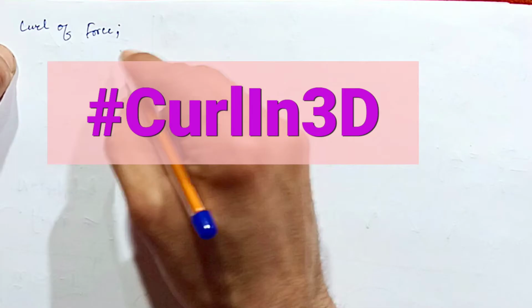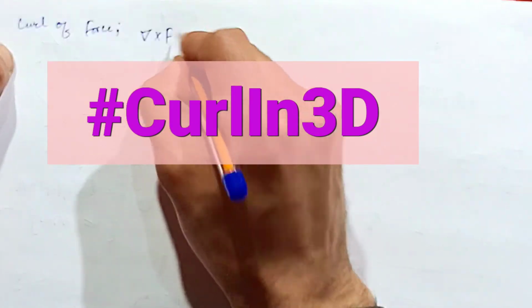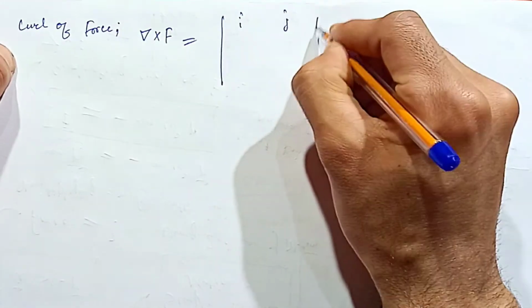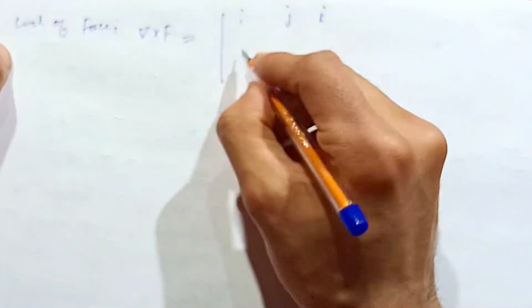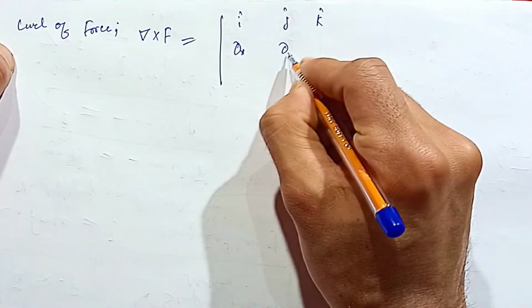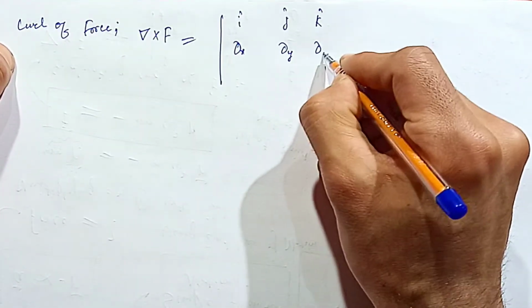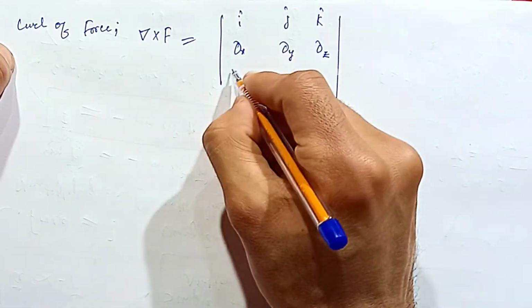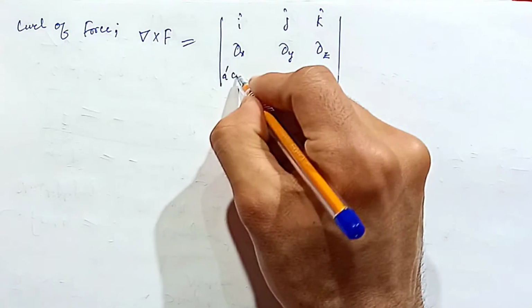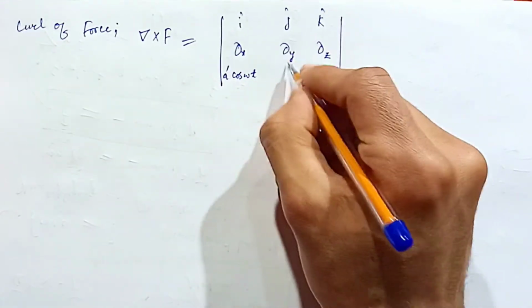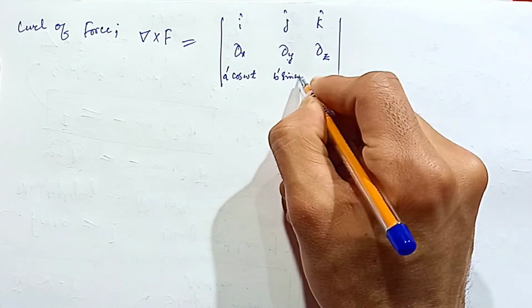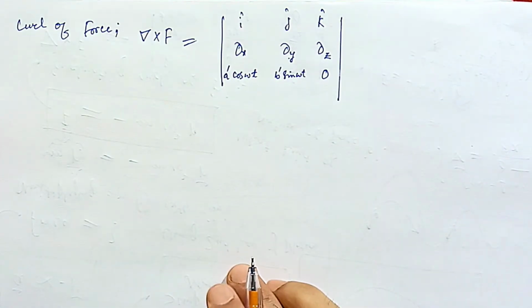The curl of force will be equal to a determinant with i, j, k, then partial differentiation with respect to x, y and z, and the components: a prime cosine omega t, b prime sine omega t, and 0 along k.